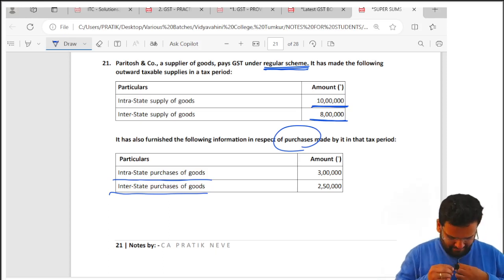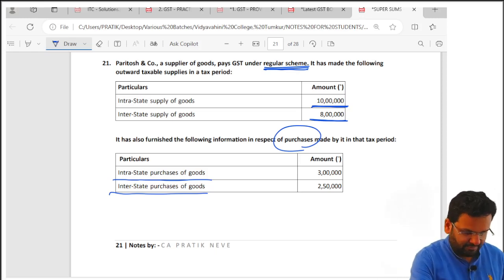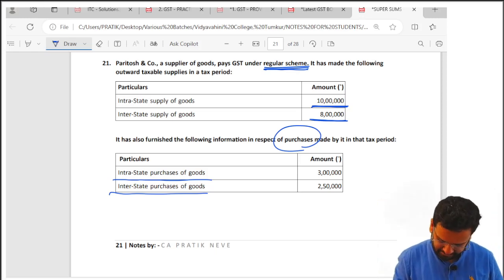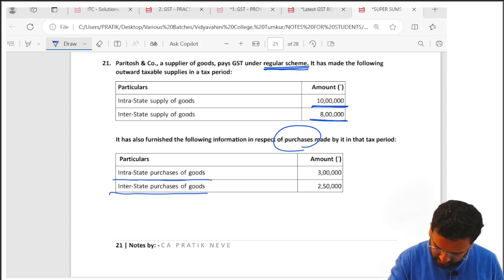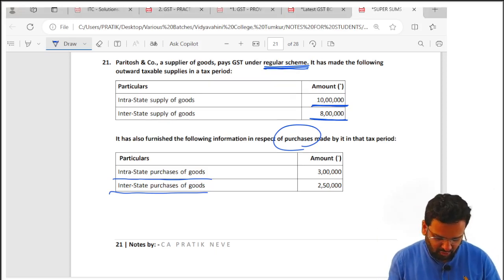Nice sincerity. All of you are solving. Now help me also solve it.